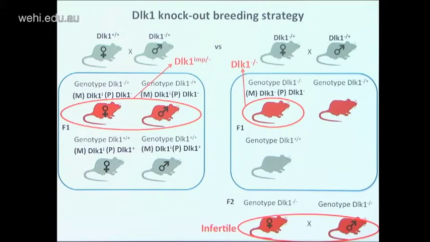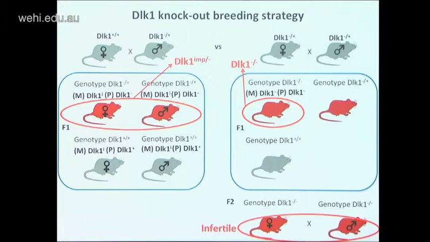So we thought of doing this, which actually proved to be very fruitful. Because Dlk1 is an imprinted gene, you can get a knockout mouse another way, which is breeding the wild type with heterozygous Dlk1 male.